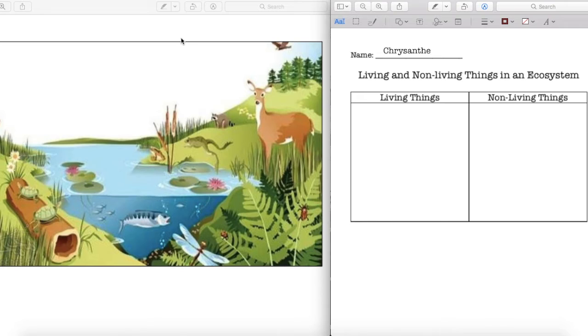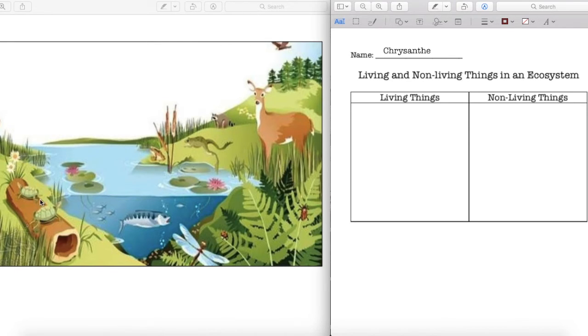So I'm going to go ahead and write my name up here, and you can write your name on your paper. So, using this forest ecosystem as an example, let's come up with a short list of living things that we might find in an ecosystem. So first, I see lots of different animals. See how many different animals you can see? I see some mammals, like this raccoon and this deer over here.